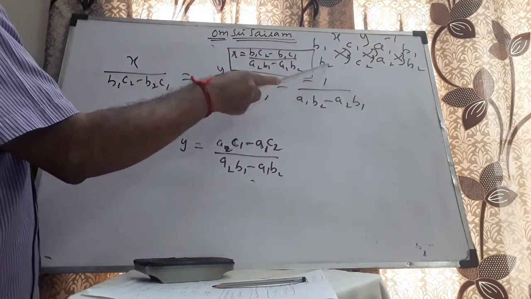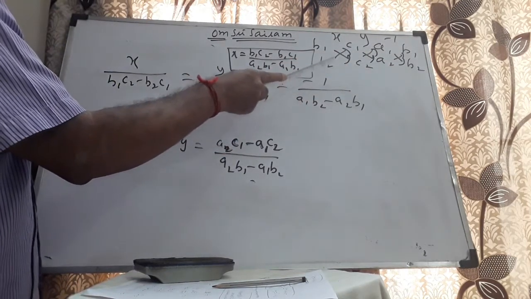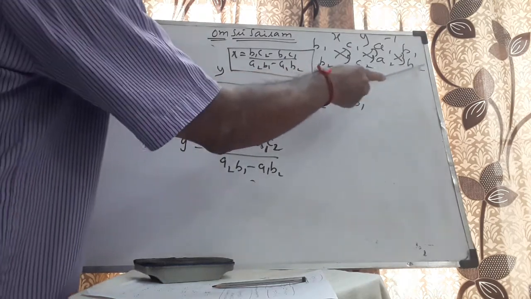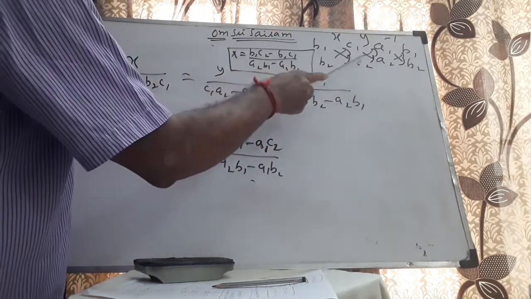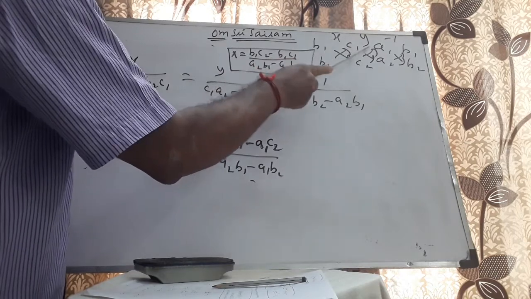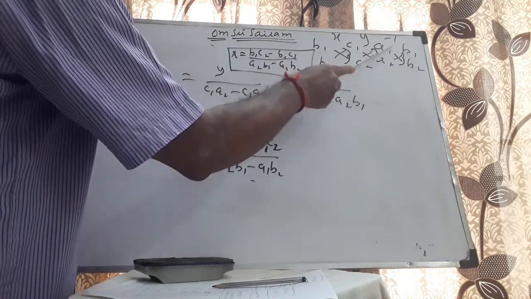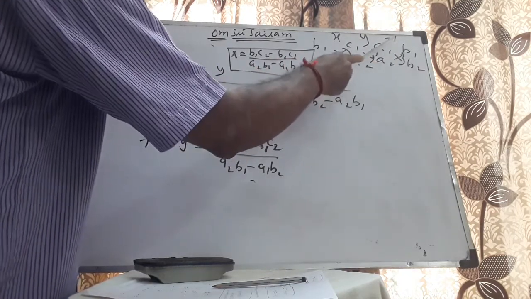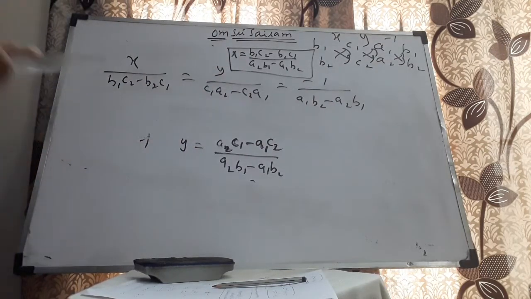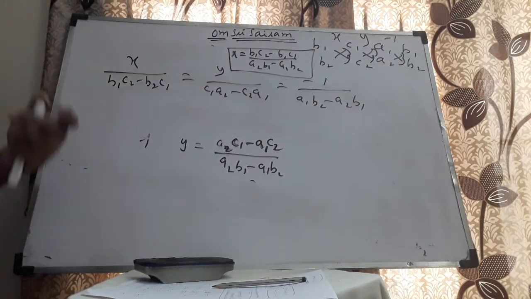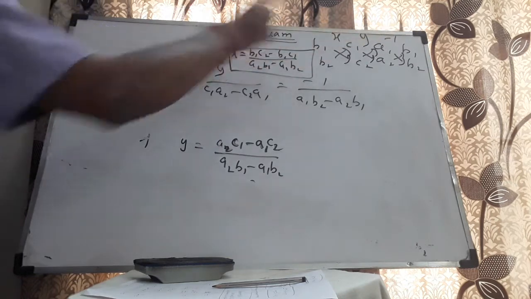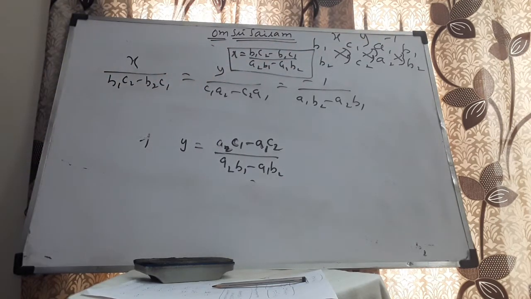I'll start writing from the middle coefficient of the second equation b2 c2 a2, again b2. From the first two elements I'll write x, from the second and third elements I'll write y, from the third and fourth elements I'll write minus 1 provided constants are on the right hand side. If the constants are on the LHS, I'll write this as 1. Remember that in mind.